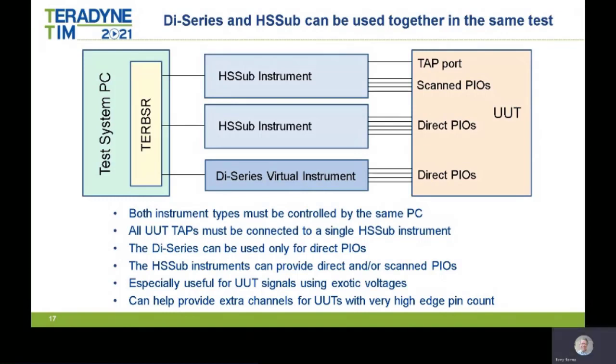You can use high-speed sub instruments as you normally would, but then you can also connect an additional DI virtual instrument to provide additional direct PIO connections to the UUT. This can be especially useful if you have a couple of UUT signals with uncommon voltages, or if you just need some way to provide extra tester connections because you have a very high edge pin count.